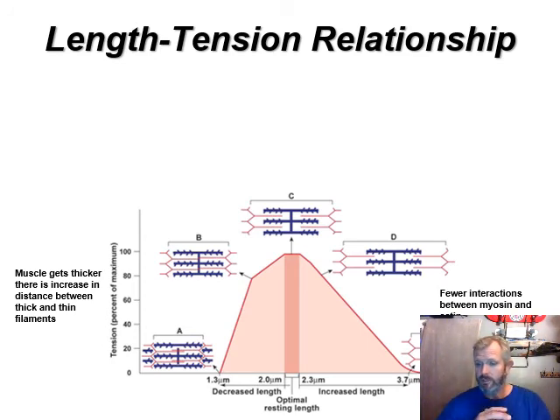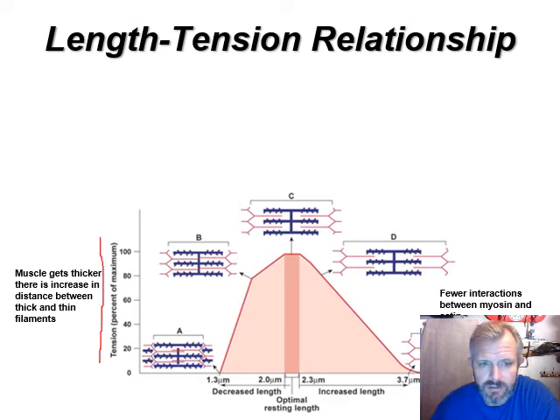Again, my muscles are made up of sarcomeres. I can stretch them, I can slack them, depending on where I have my muscles. There is an optimal length of that sarcomere. There's an optimal amount of stretch that will give me my optimal amount of force to be produced. And that is what we're seeing here in this graph.